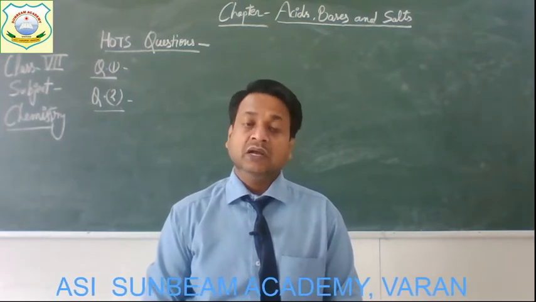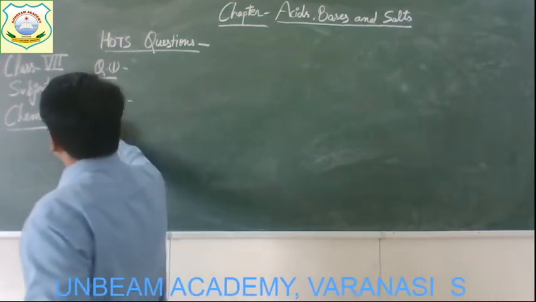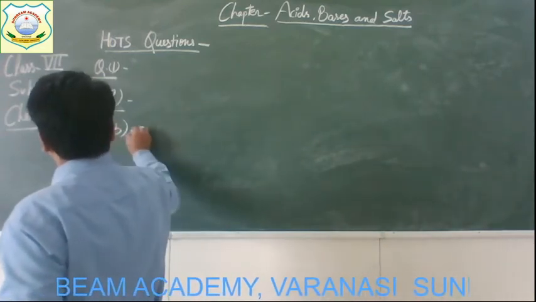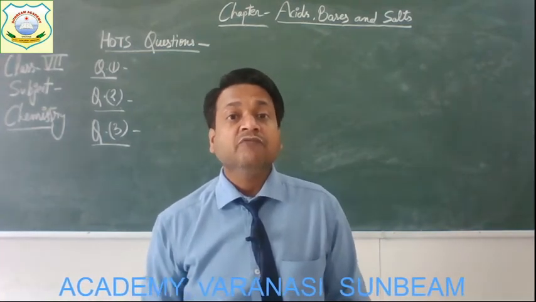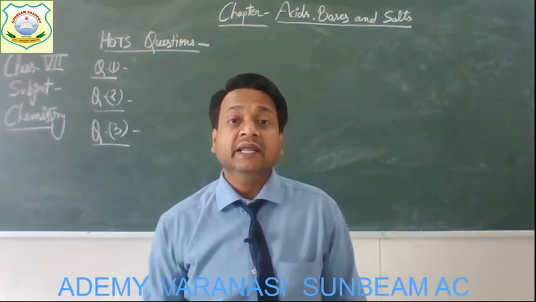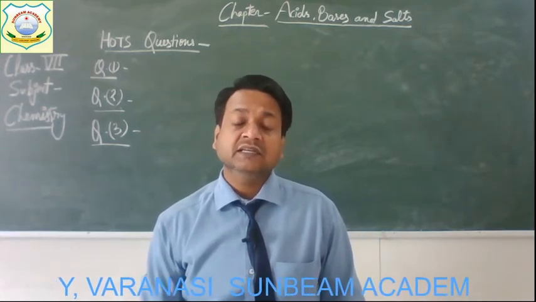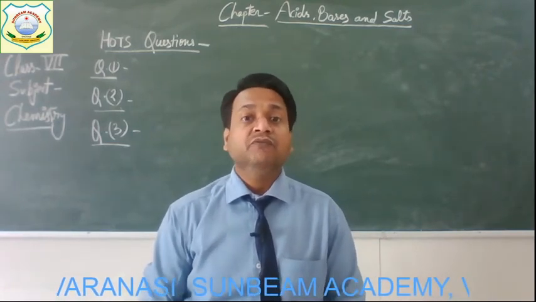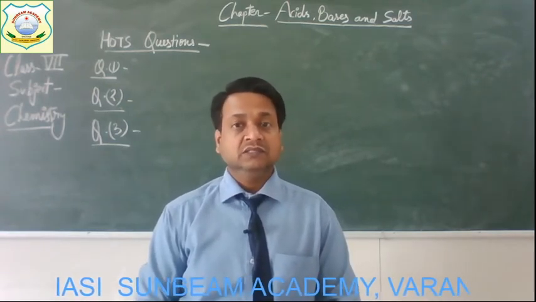Alright? Now come to the question number 3. And the question is, the wastes of many factories contain acids. Why is it considered necessary to neutralize them before allowing the wastes to flow into water bodies?